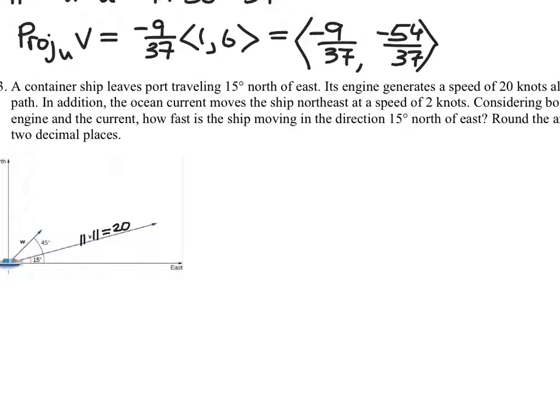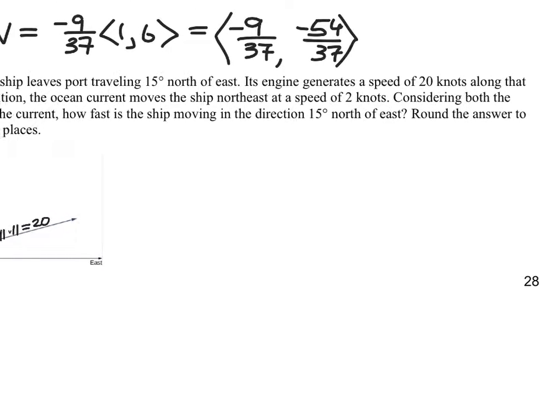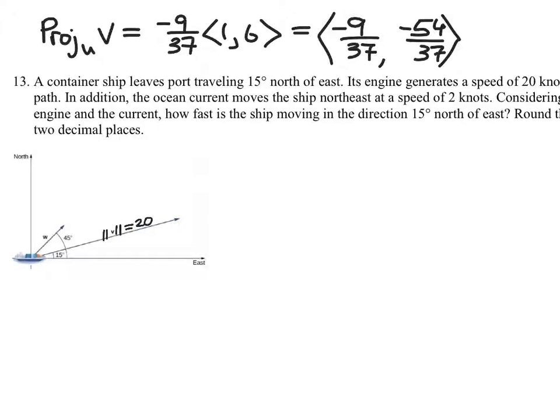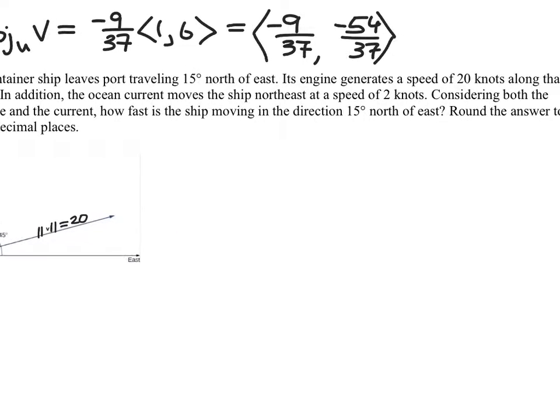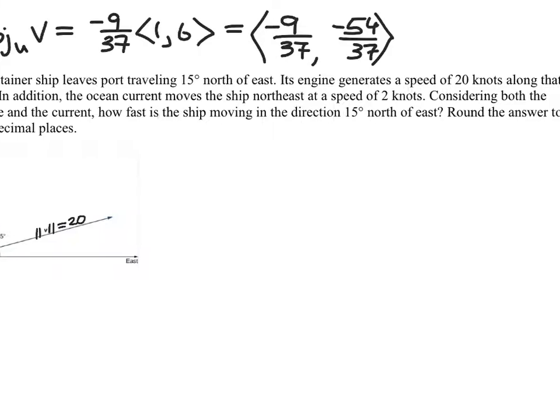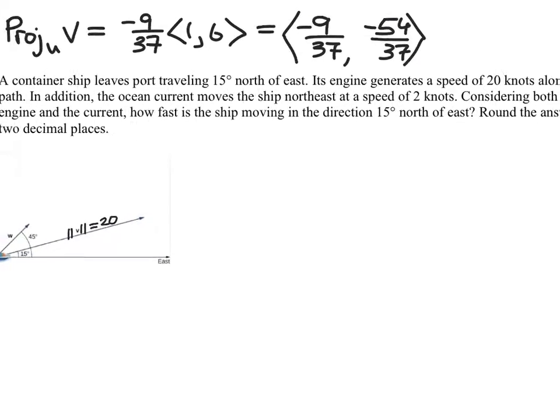All right, in addition, the ocean's current moves the ship northeast at a speed of 2 knots. Considering both the engine and the current, how fast is the ship moving in the direction 15 degrees north of east?